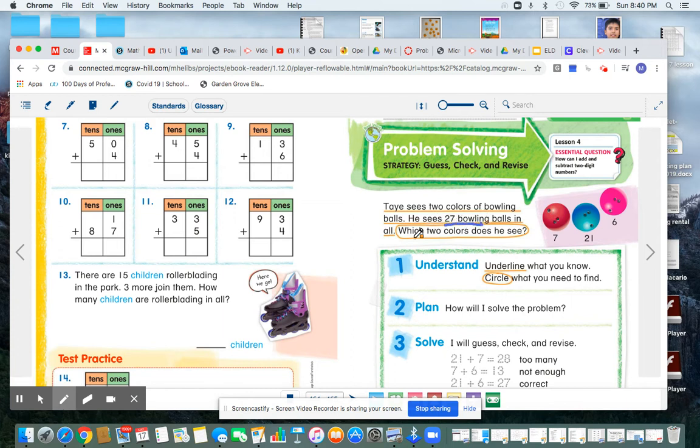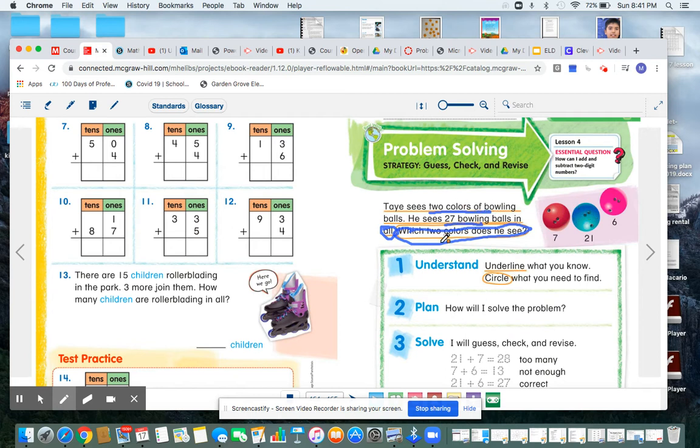Balls in all. So he sees 27 balls in all. So all, I'm going to circle that because all means my total. And then which 2 color balls does he see? So I'm going to circle that because that is the question it's asking me. And I guess 2 colors because it tells me that it only has to be 2 balls.